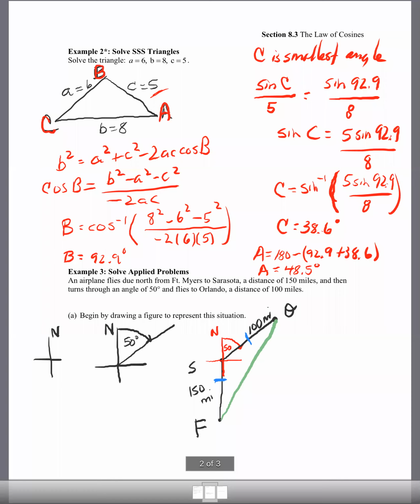So if you do the arithmetic, from where we ended up with our new route to where we started, this yellow piece that I'm drawing in right here would end up looking like a half circle, which is 180 degrees. So what I know then in that yellow piece, let me change colors so it'll show up better, is that the angle between sides of 150 and 100 is going to be 180 minus the 50-degree turn that we made. That's 130 degrees. So the yellow angle right here is 130 degrees.